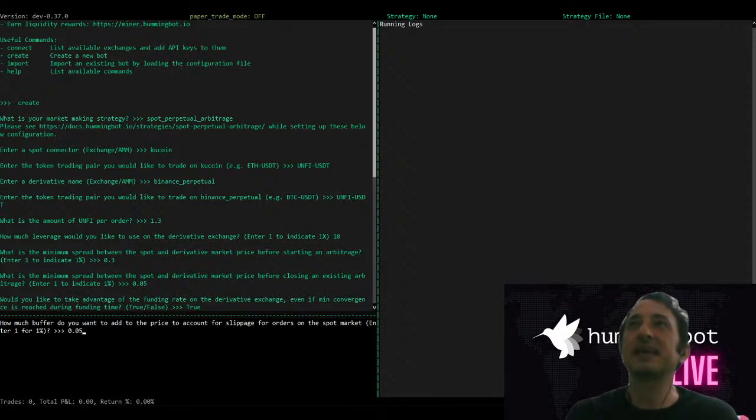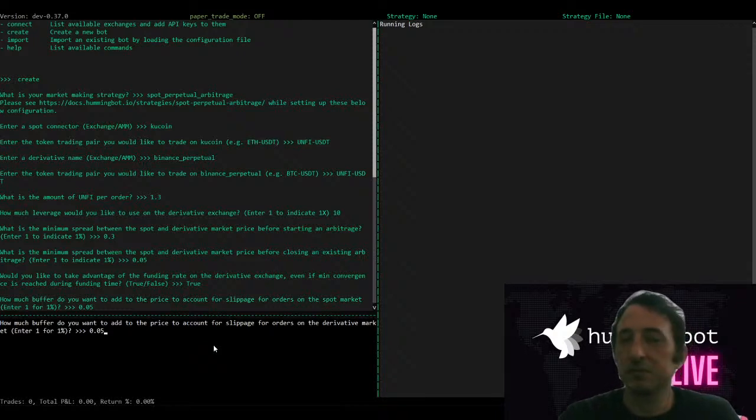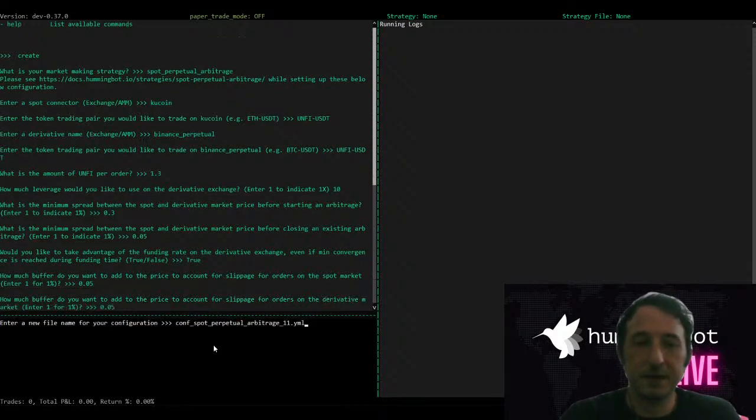So it wouldn't make sense for me to set a slippage at 0.20, because when you add the fees to the trade, I would basically have no profit. So the slippage that you want to use has to be balanced on how much your expected profit is going to be. I'm going to set 0.5 on the spot and 0.5 also on the derivative, right?